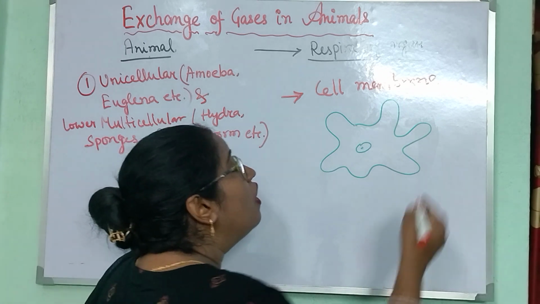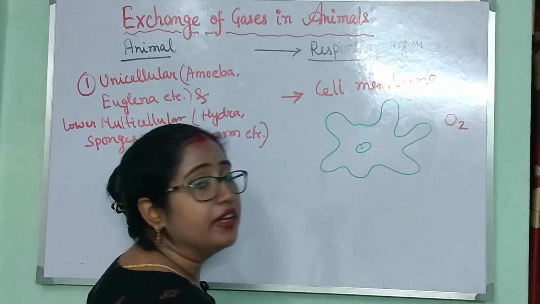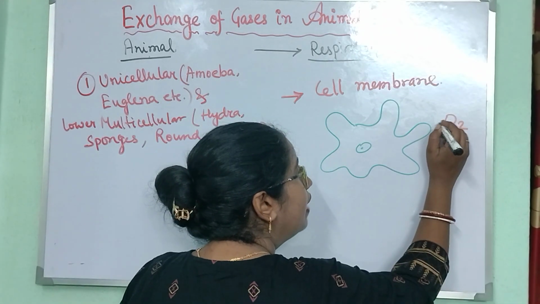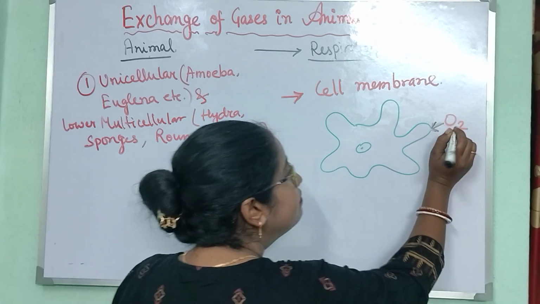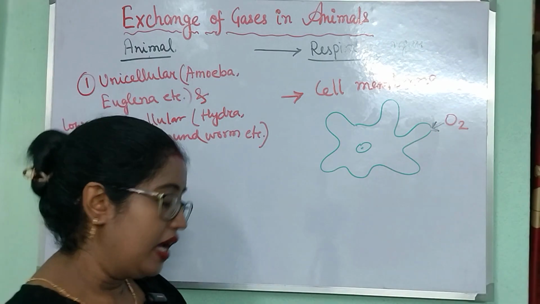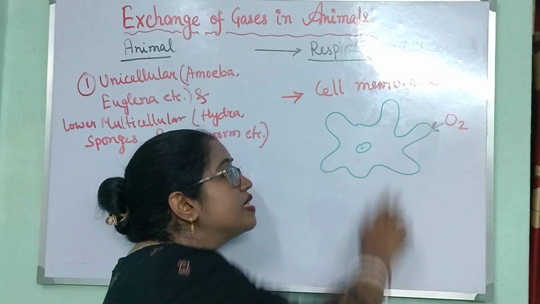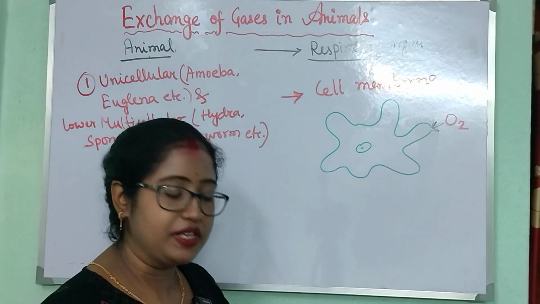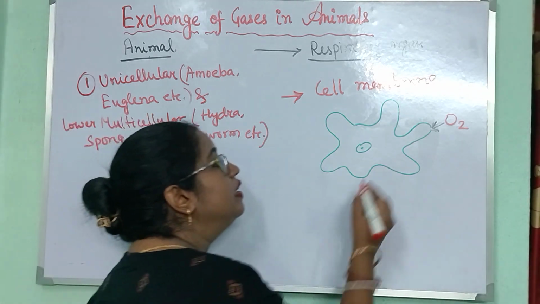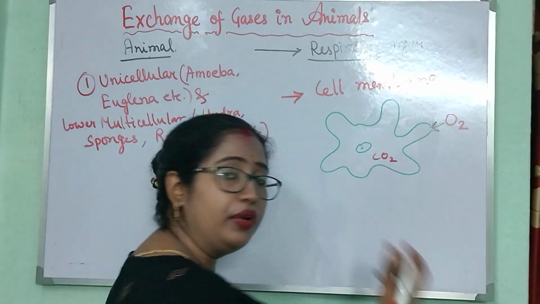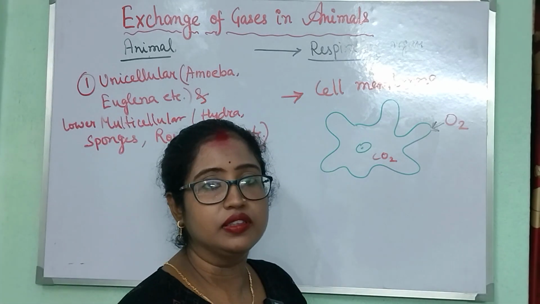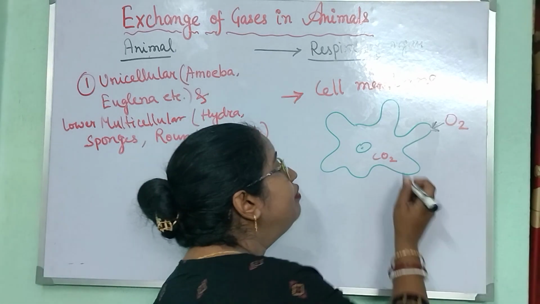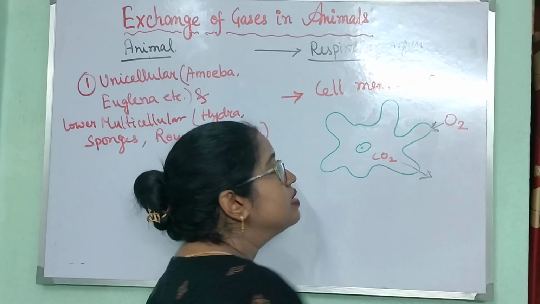The oxygen that is present in air simply diffuses in via the cell membrane, and when the oxygen is taken in via the cell membrane, it is utilized in the process of respiration, and the carbon dioxide produced as a byproduct of respiration or metabolism simply diffuses out through this cell membrane.